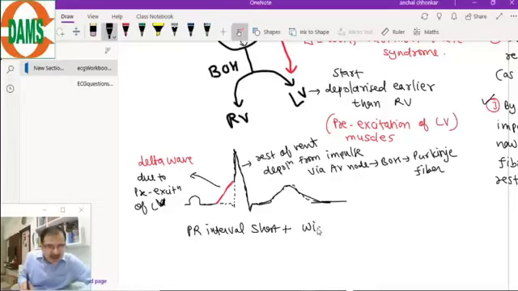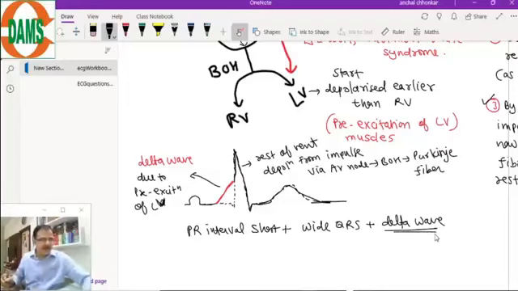There is a wide QRS and very importantly delta wave. Very importantly delta wave. Amplitude of QRS decrease in WPW syndrome? Hardly any change in the amplitude. Good question, but hardly any change to call it a pathological decrease in the amplitude.